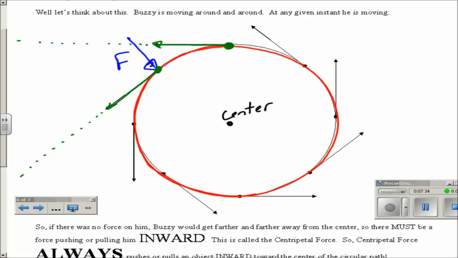But he can't, in fact, because something is pushing or pulling him inward towards the center of the circle. So now the bee is here. Remember, the bee always stays on the red path. And as much as he wants to go this way, there's always something pushing or pulling him inwards, keeping him on the circular path. Okay?